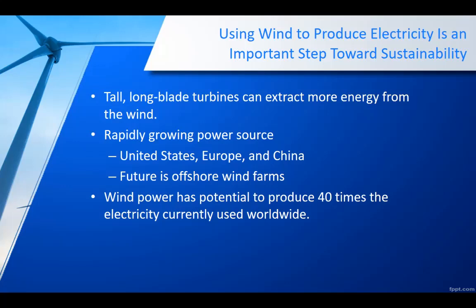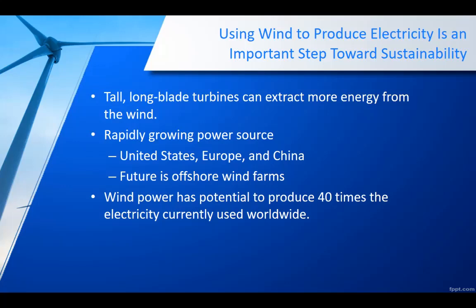And I think what you're going to see in the next 25, 50 years is a move towards offshore wind farms because wind power really has the potential to produce about 40 times the electricity currently used worldwide. Biggest trouble, like when we were looking at solar: how do we store it? How do we transport it to get it where it needs to go?